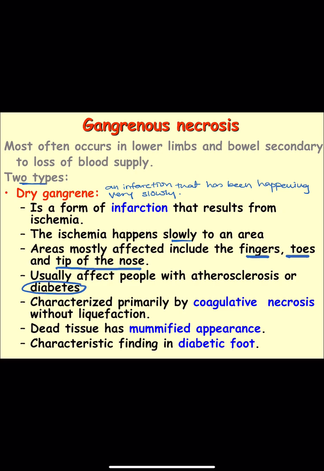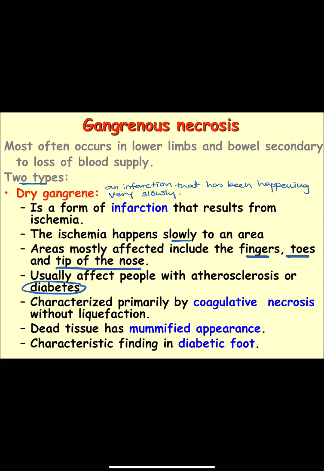defense mechanisms against infections. Now, on the other hand, if you look at wet gangrene, you will see that the ischemia in those patients usually is abrupt. So it simply did not allow for any kind of defense to happen in that region.